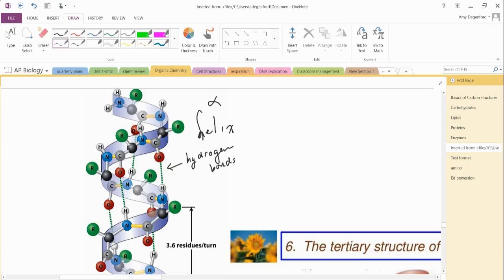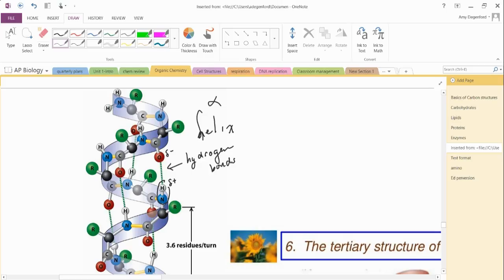And these hydrogen bonds, notice they're the interactions between the backbone of the amino acids. In other words, not the R groups. So these hydrogen bonds are interacting between the oxygen of one amino acid and the hydrogen connected to the nitrogen. So this would have a partial positive, and then this oxygen would be a partial negative.